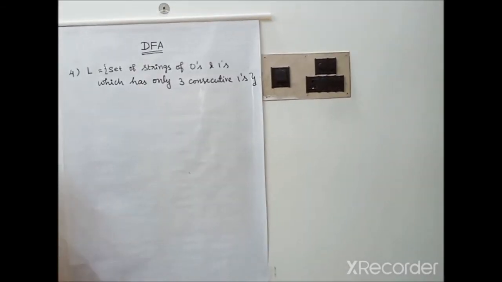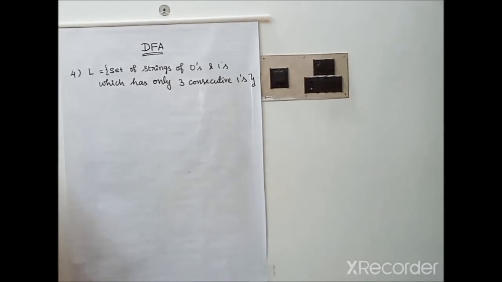So, next example, L is equal to the set of strings of zeros and ones which has only 3 consecutive ones. So, here what is the condition given? It should have only 3 consecutive ones, which means that if 1 occurs, it should be 3 consecutive ones. There is no condition for the occurrence of 0.